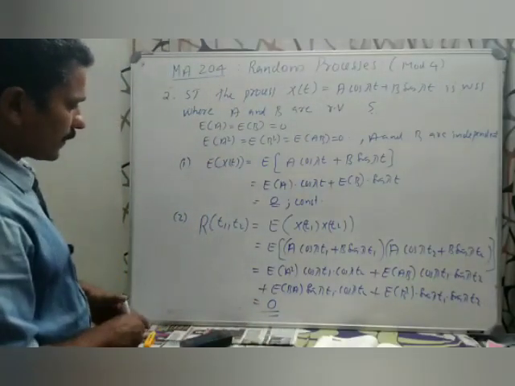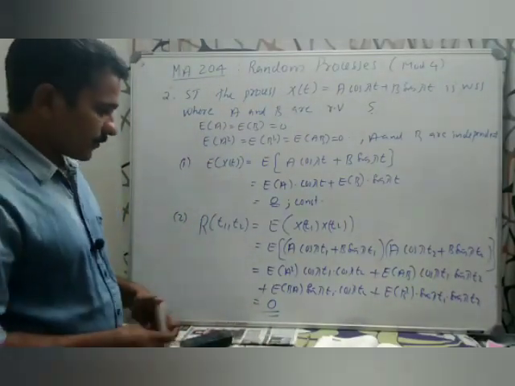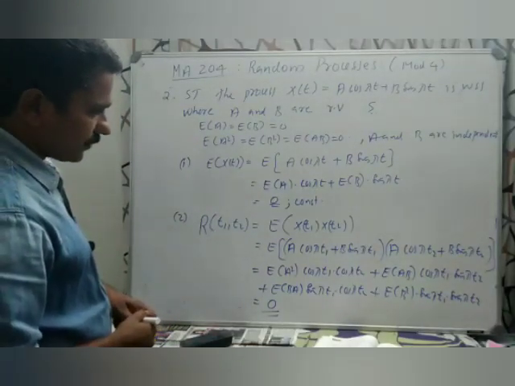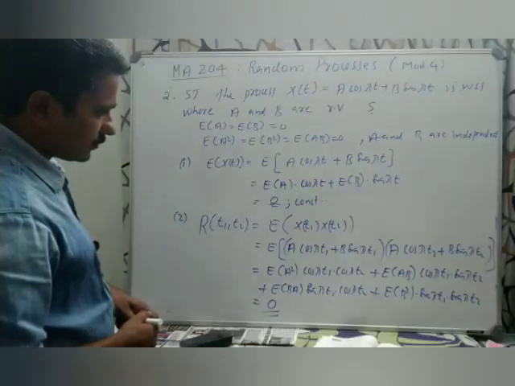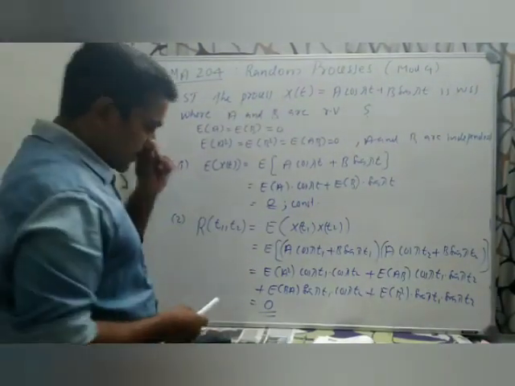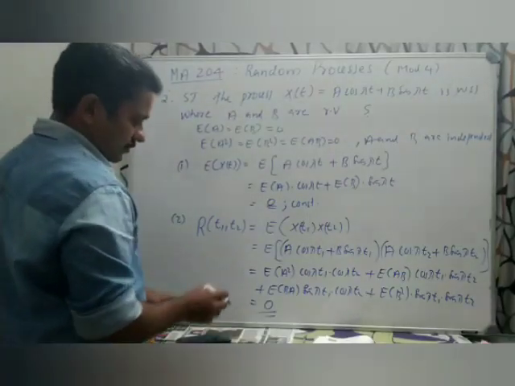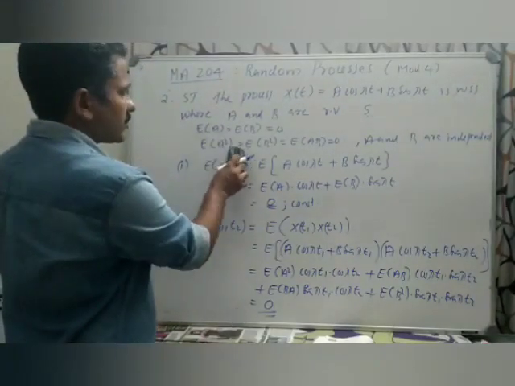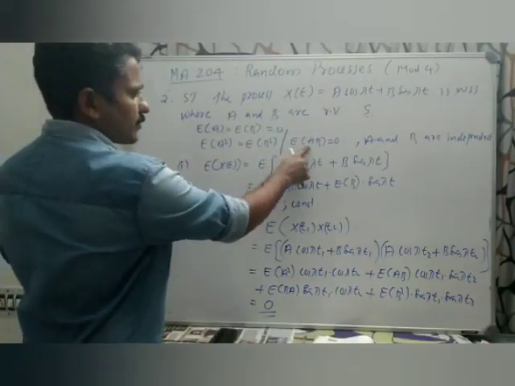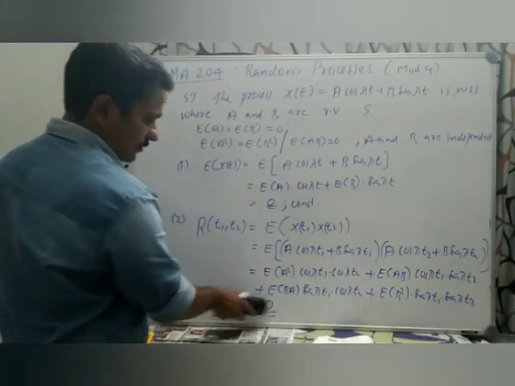And here the autocorrelation function is again 0, right? Actually there is a small correction in the problem, that is expectation of a square is equal to expectation of b square. That's all it's given. Expectation of ab is equal to 0.